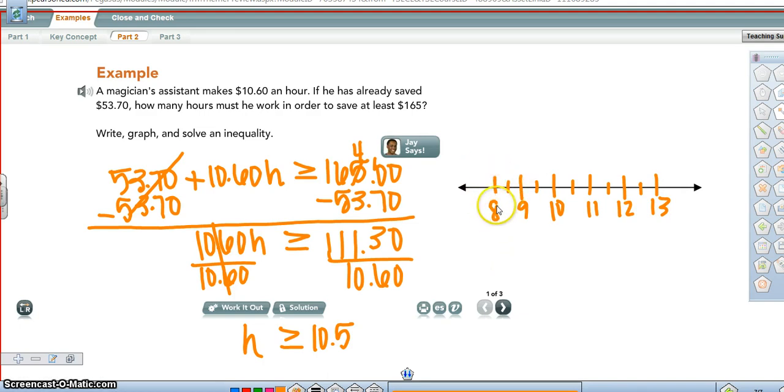Marking halfway marks because I know I'm going to have to mark a halfway point. You don't have to number every tick mark, but it should be pretty clear from my number line what each tick mark represents.